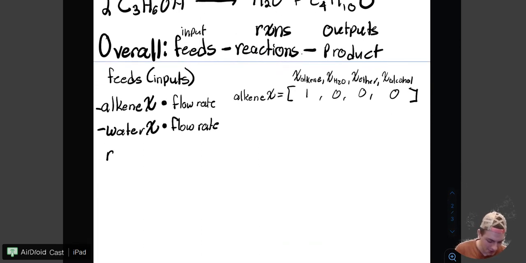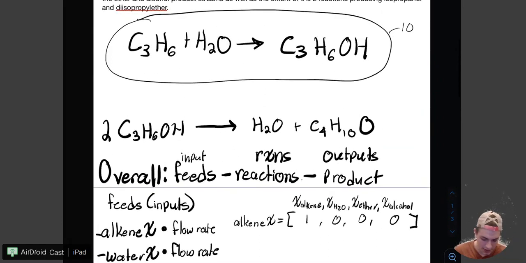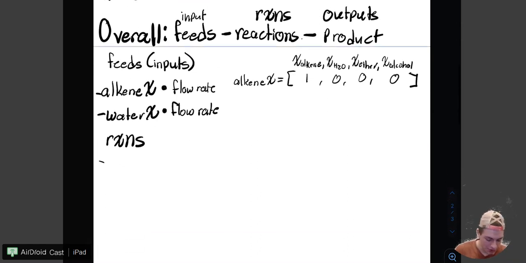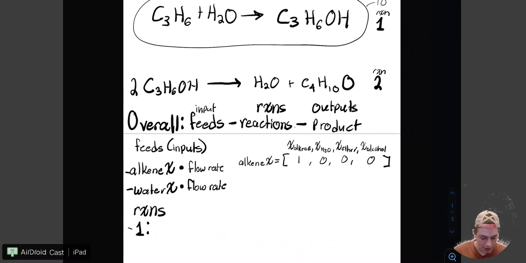Now let's look at our reactions here. For our reactions, we have two reactions happening. I'm just going to denote this as reaction 1 and this is reaction 2. So for reaction 1, we can just go ahead and multiply our stoichiometry of the reaction by the extent of the reaction here.